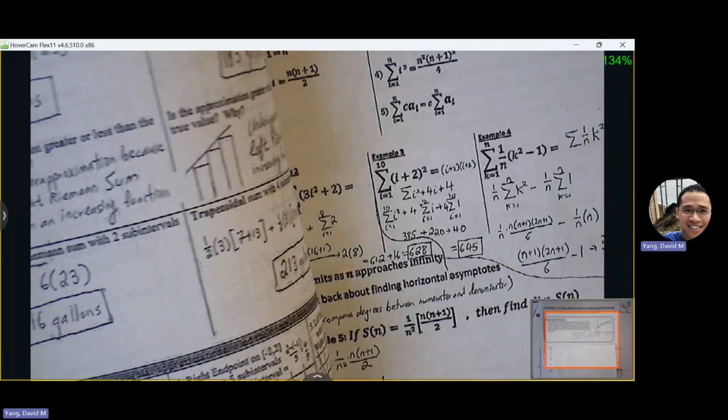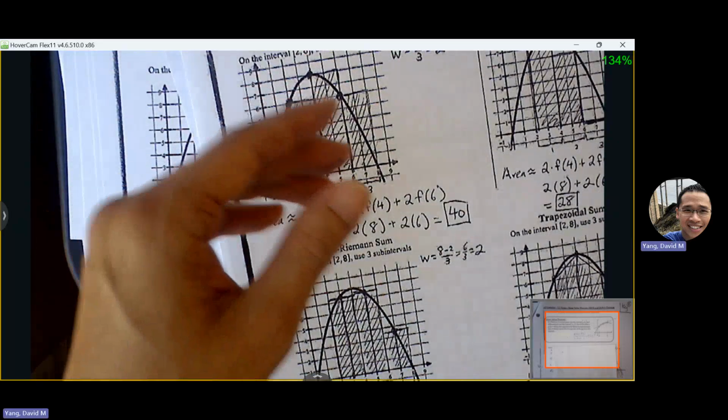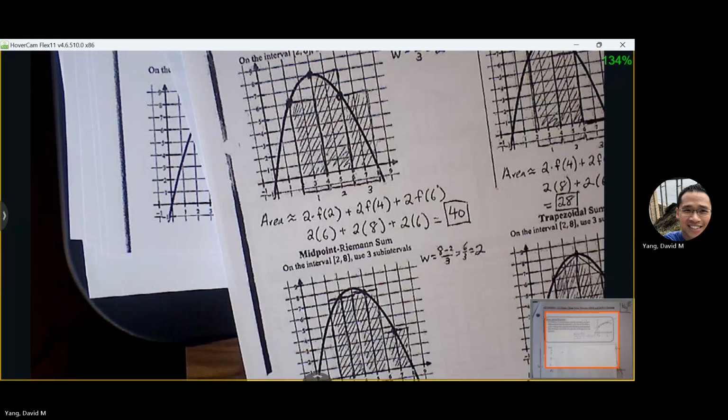Why did mathematicians come up with the ones before trapezoid? Eventually what we're going to see is that we can improve the approximations, because the ultimate goal is we want to find the exact area under the curve, right? So what if we were to increase the number of rectangles? What is that going to do to our accuracy?